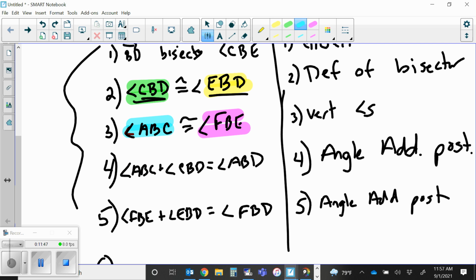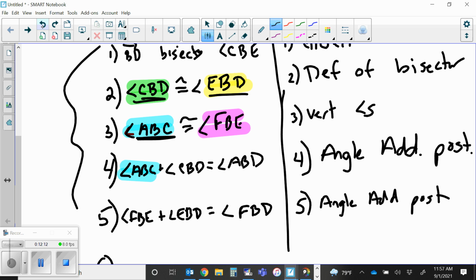I have to make it blue. Because I see this one right here, what can I replace that with? No. You see ABC right here. What is it equal to? So I can take this out, and I could put that in its place. Does everybody understand? Okay.